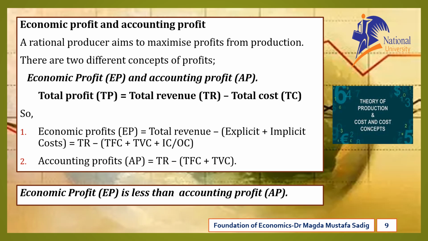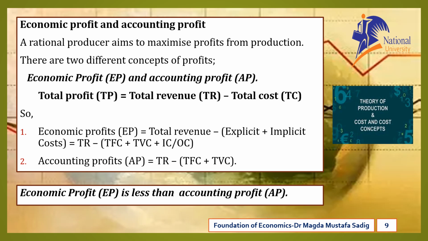Economic profit equals total revenue minus explicit cost plus implicit cost, where implicit cost, also called opportunity cost, refers to the income the owner could have earned elsewhere.